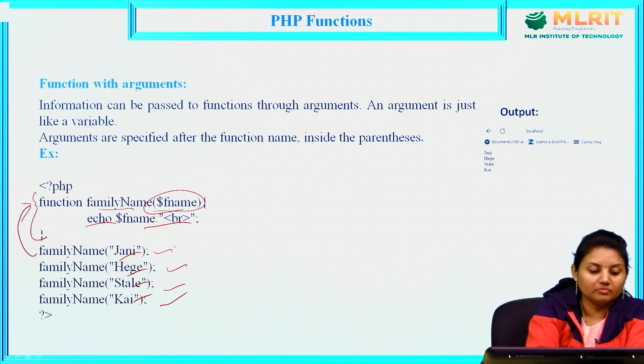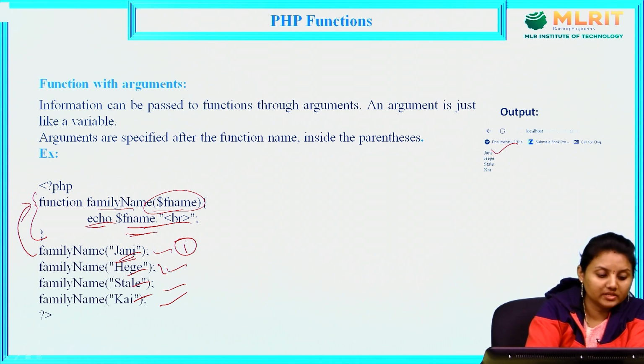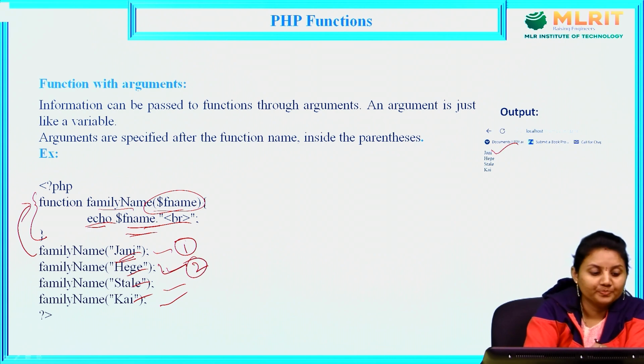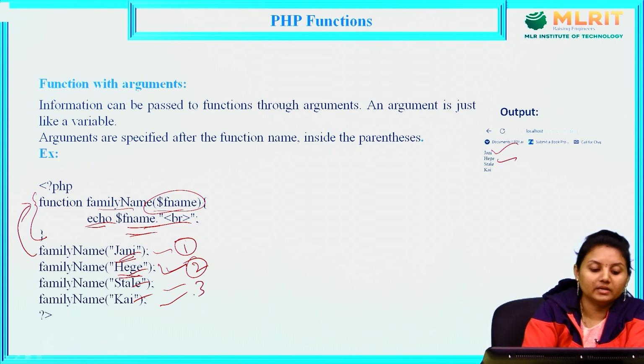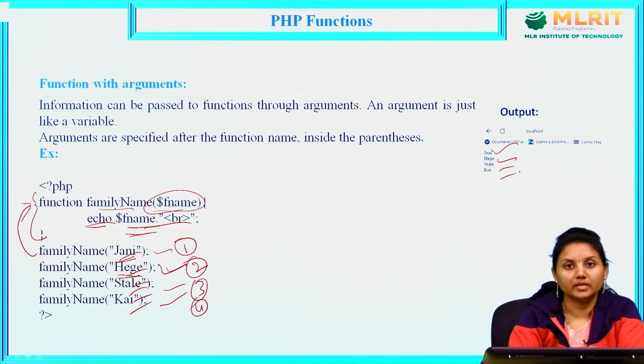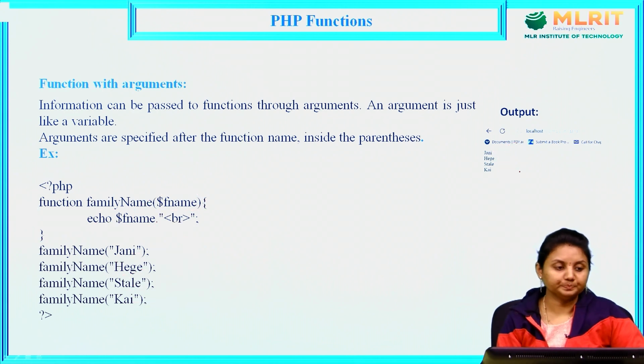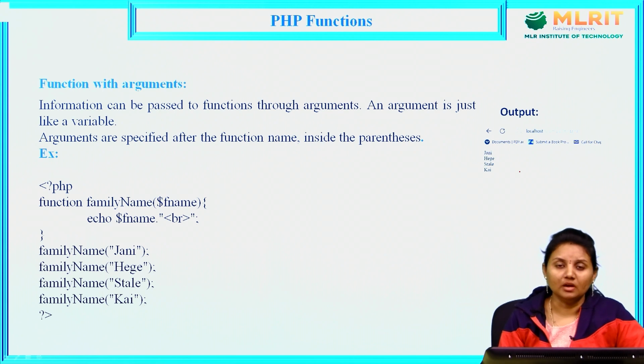For the first time, when you are passing the name Johnny, echo prints Johnny. That is the output. For the second time, the value is printed, and like that, the third and fourth time also, the particular values get printed in the output. This is with function arguments.